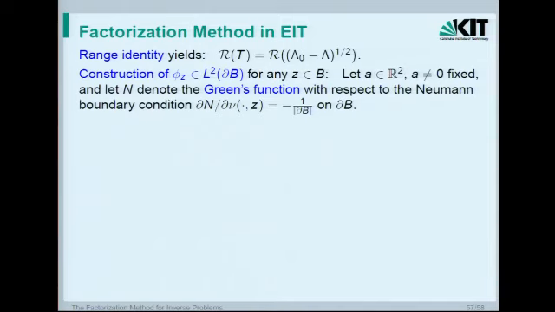In the scattering problem, it was just the exponential e to the minus ik, which is the far field pattern of a point source sitting in z.